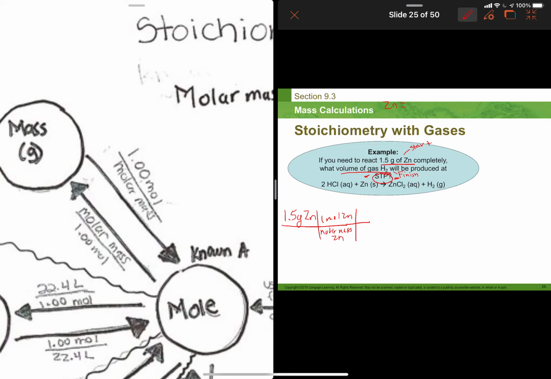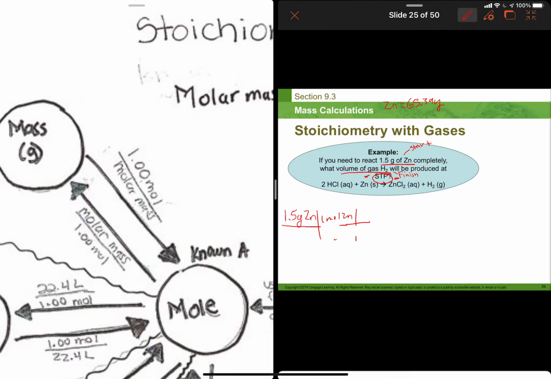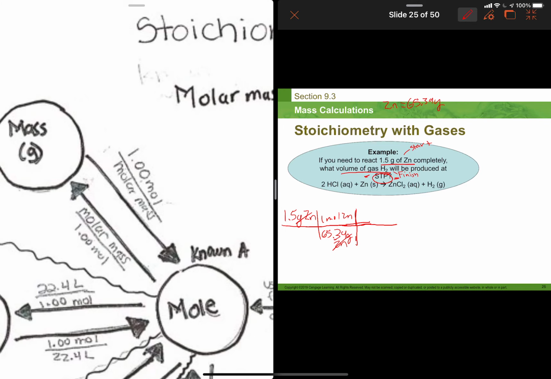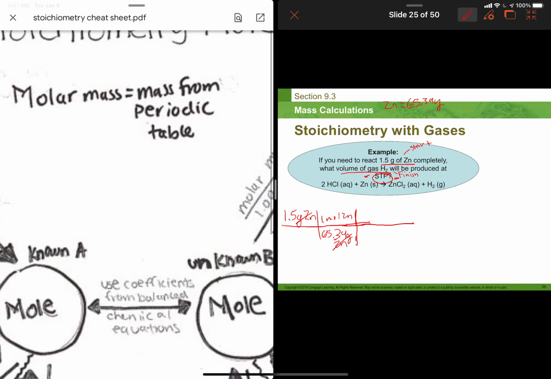Zinc is 65.39 grams. So we do 1 mole of zinc over 65.39 grams of zinc, and this way we get rid of grams of zinc. And now we keep going.